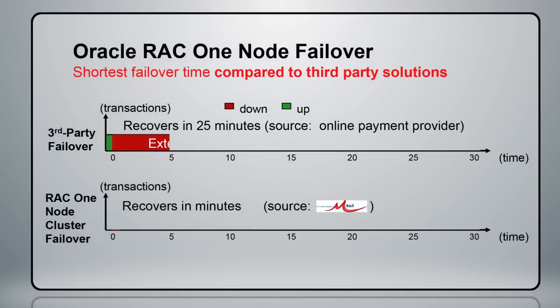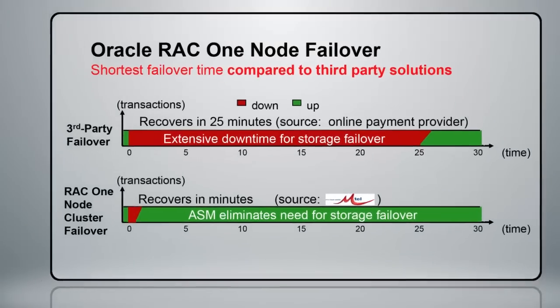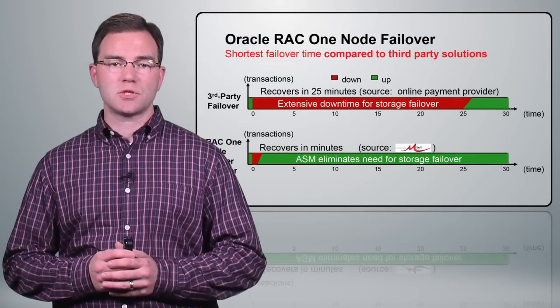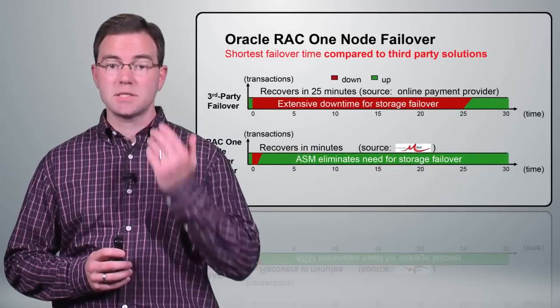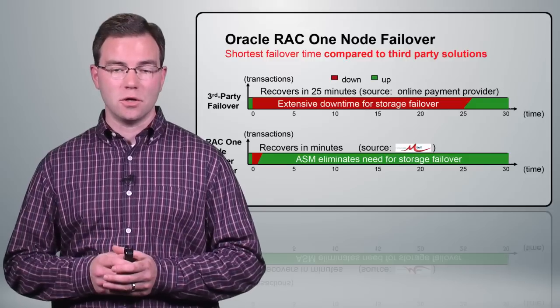Oracle RAC One Node provides faster failover than other third-party failover solutions. As you can see here, based on tests performed by some of our customers, third-party failover solutions can take up to 25 minutes to fail over an Oracle database after a failure occurred.